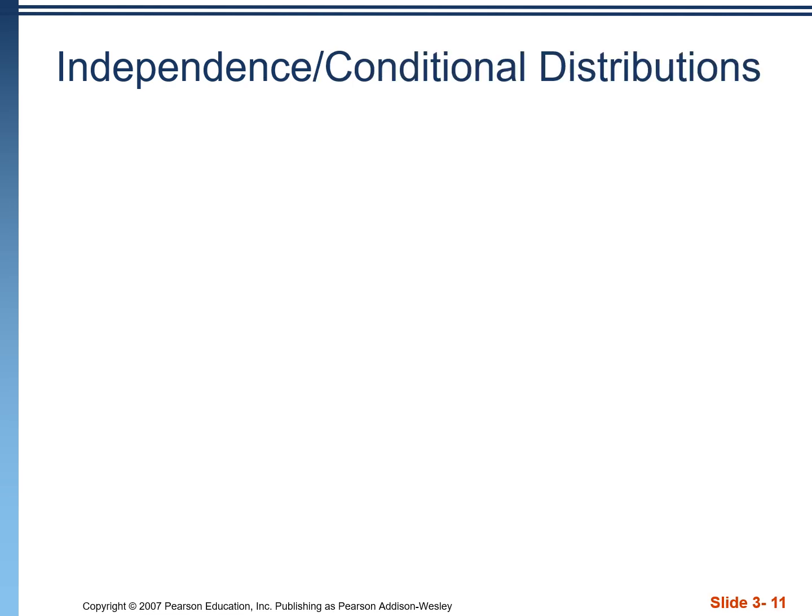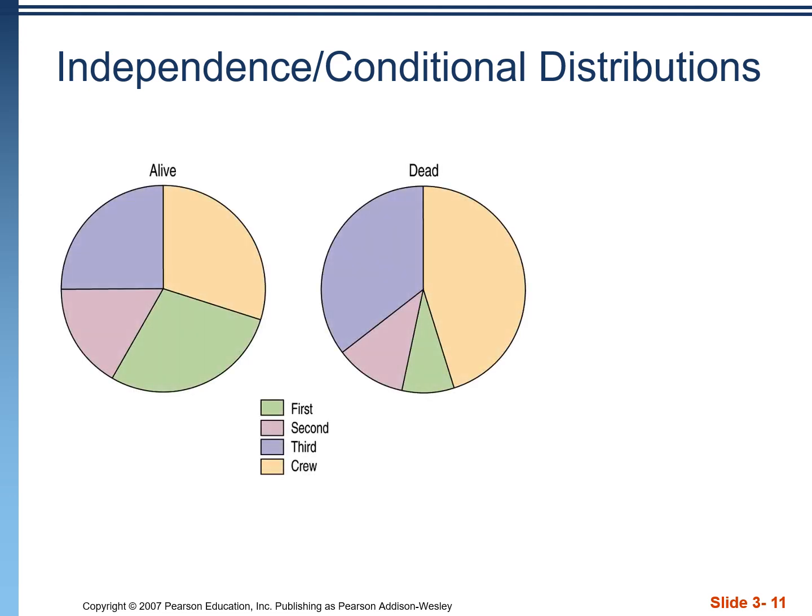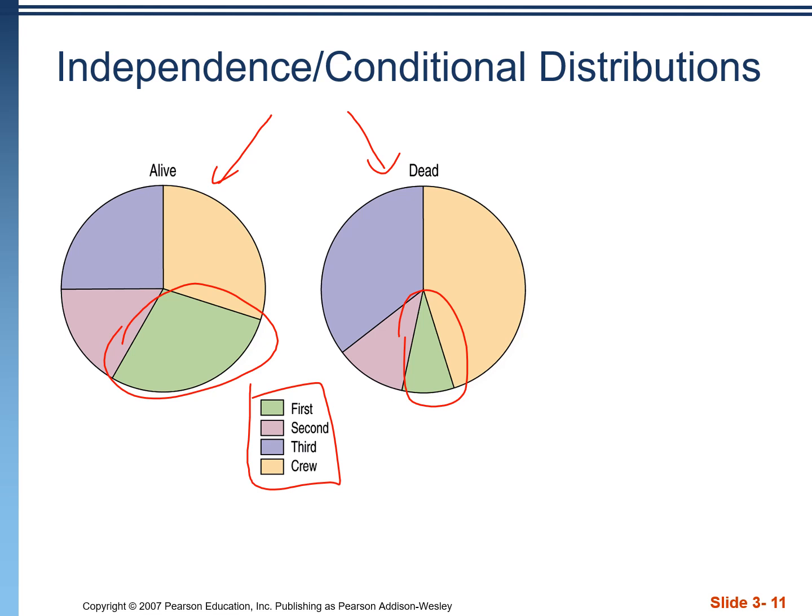The information in that contingency table can also be given as some kind of display, for example, a pie chart. So here we can see each class broken up by color. We have the conditional distribution of the survivors and the deceased. If these two variables were independent, these two pie charts would look the same because first class would equal the same proportion for survivors and the dead.